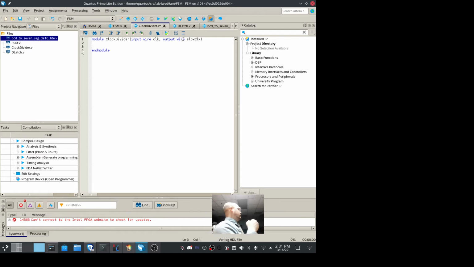This module is going to have an internal slow clock that it outputs, and it needs to be able to trigger that clock high and low at a frequency of 1 hertz. Anyway, you get the idea.